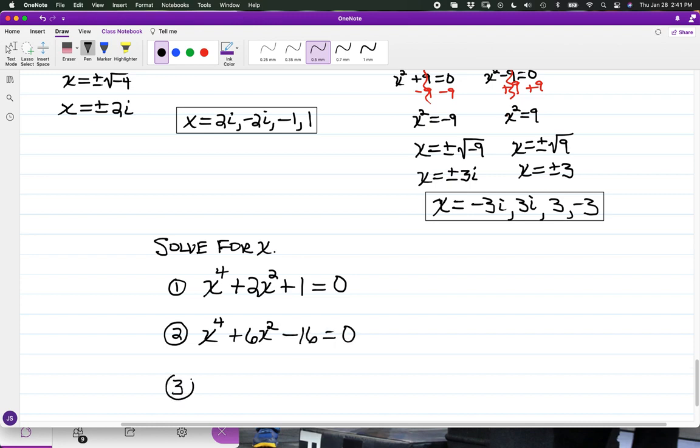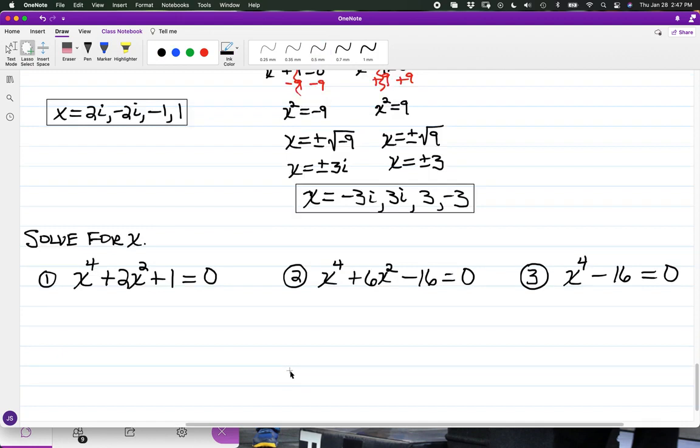And let's say we also have, for fourth degree in x, x to the fourth minus 16 is equal to 0. If we look into these equations, all of these are fourth order in x, so we might possibly have 4 solutions, but no guarantees.